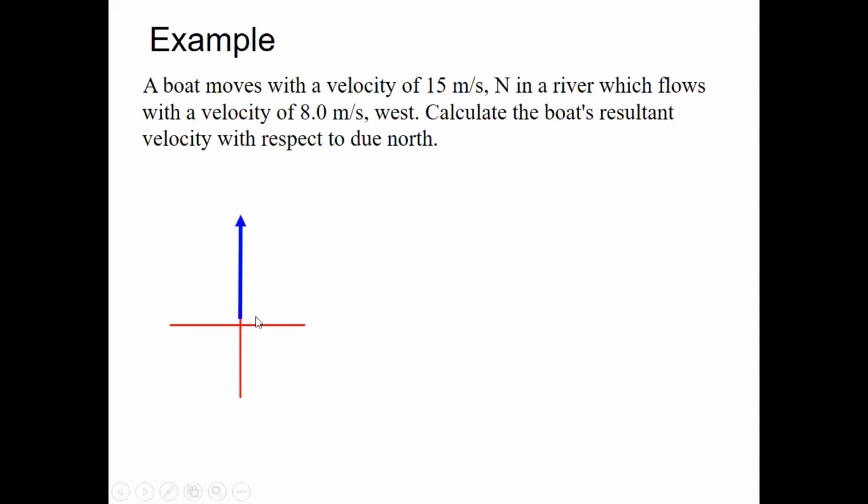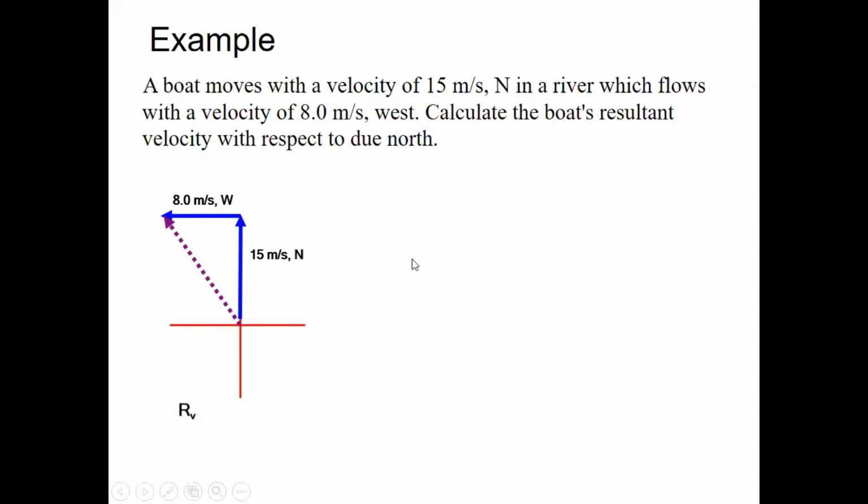So this blue colored is the north direction vector. It is 15 meters per second. Now the river is flowing, and towards this other blue colored vector the velocity is 8 meters per second towards west. Calculate the resultant velocity. So the resultant velocity or resultant vector will be this one.